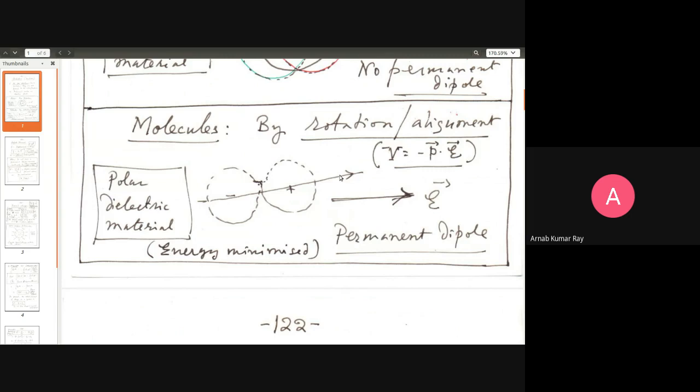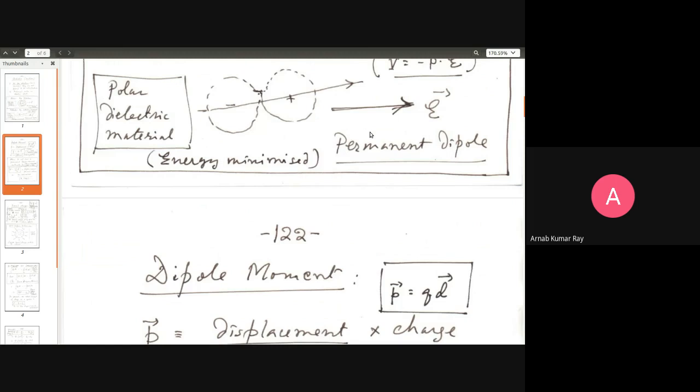Those of you who drive cars will know, you can't just give a feather touch to the steering wheel and expect it to rotate, right? You have to apply some moderate force for the steering wheel to rotate. And so it is that if the external electric field is not very strong, the rotation will not be a complete rotation. It will just rotate a little.